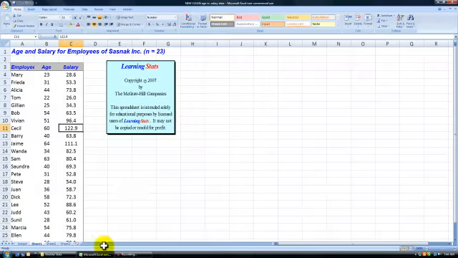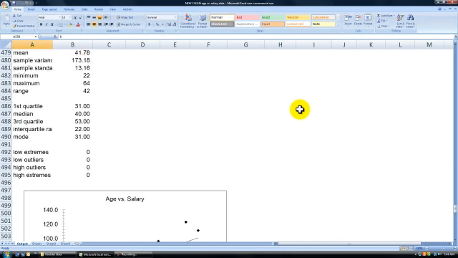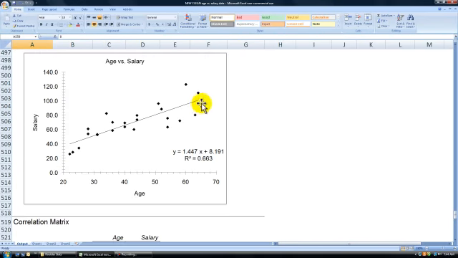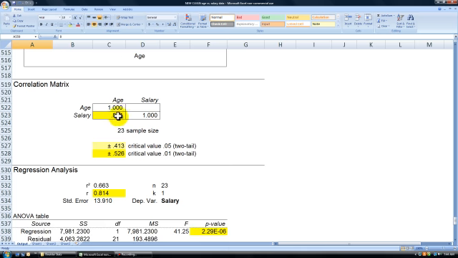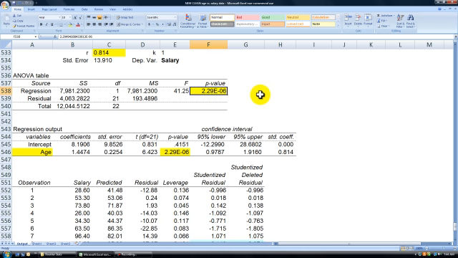So that is basically regression in a nutshell. We take a look at the visual relationship. The scatter plot gives us strength and direction. The correlation is in the correlation matrix. The R squared tells us the amount of variance in our dependent variable that's explained by our independent variable. It also tells us whether the model is a good fit, or basically, do we have a good predictor of our dependent variable?